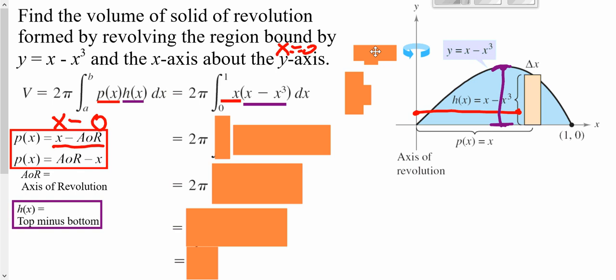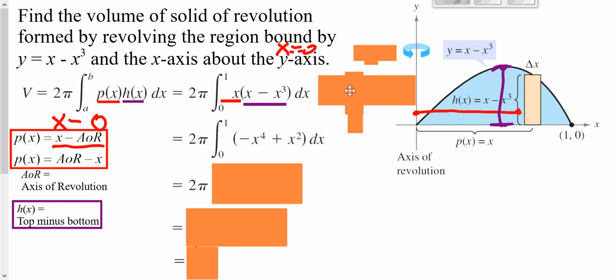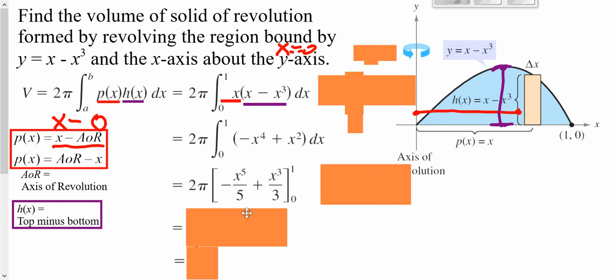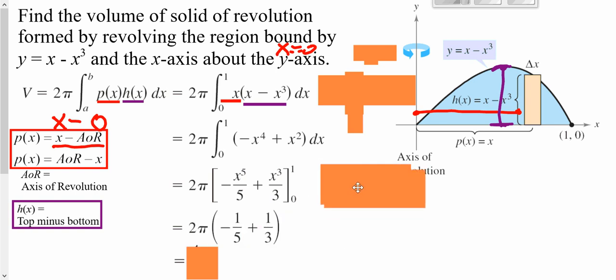And then you're just integrating this. We still have our bounds. I would go ahead and distribute through. Then I would do my normal integration. If we do our normal integration, we would get this. Plug in 1 minus what you get when you plug in 0. And so we get 4 pi over 15.